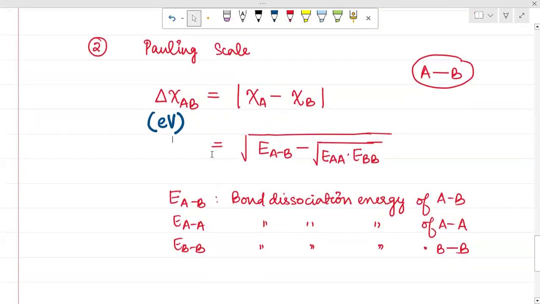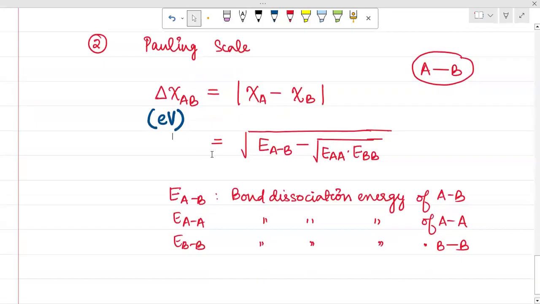Next one, Mulliken scale. Okay, write one more line. Pauling scale is actually a relative scale. Whatever electronegativity value you get is a relative scale with respect to fluorine. Pauling scale is with respect to something.